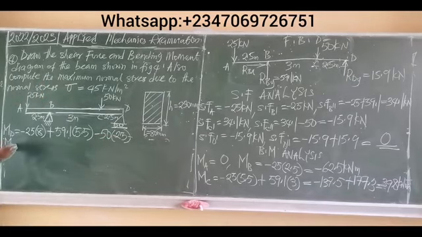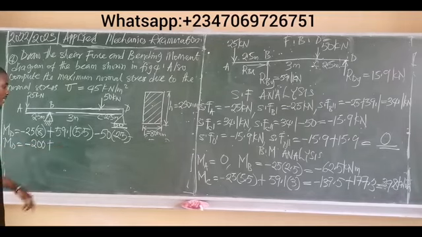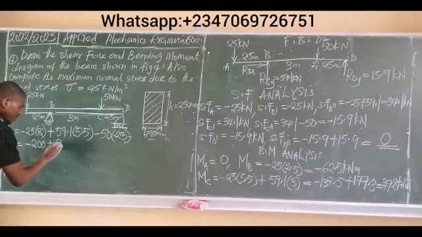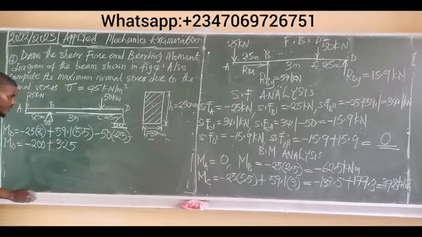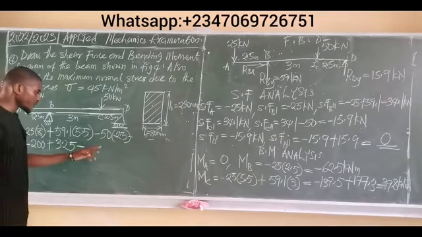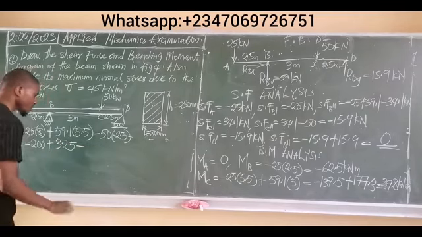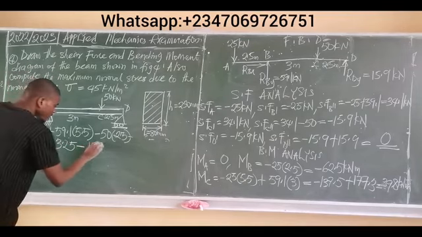All right, so let's evaluate this and see. The moment at D is equal to, now, minus 25 times 8 gives us minus 200, plus 59.1 times 5.5 gives us approximately 325, minus 50 times 2.5 gives us 125.